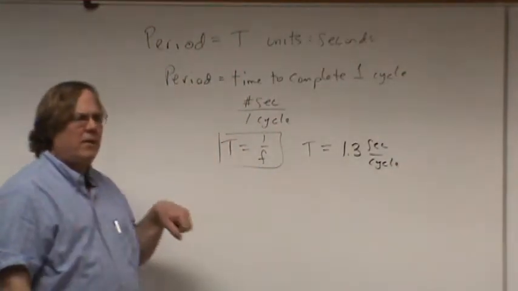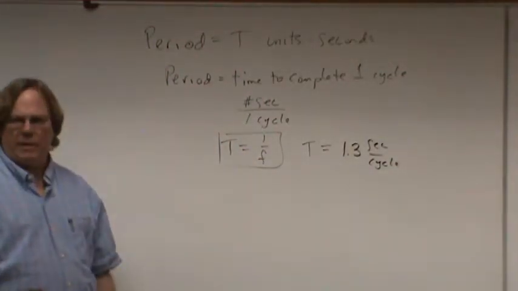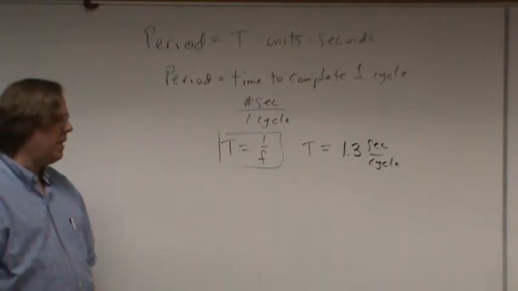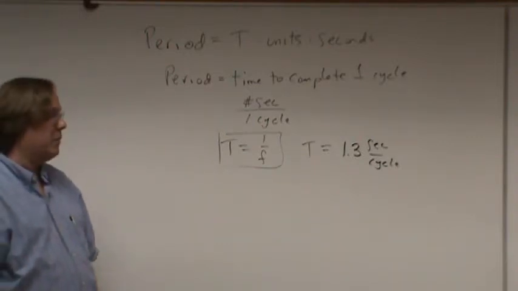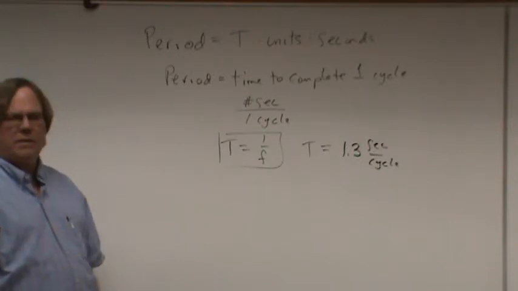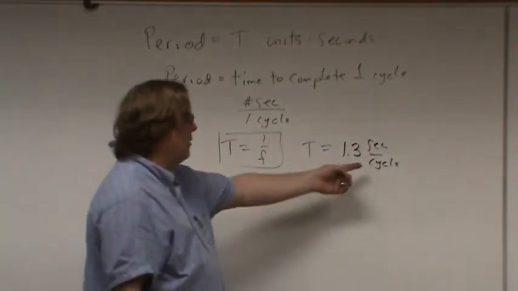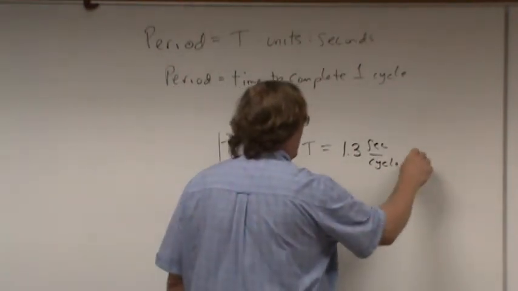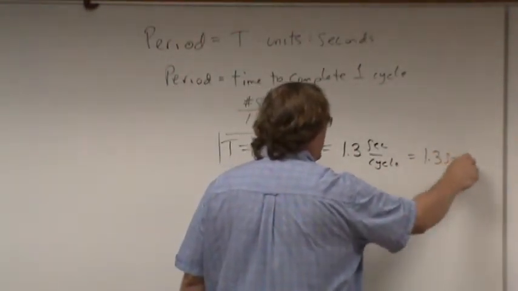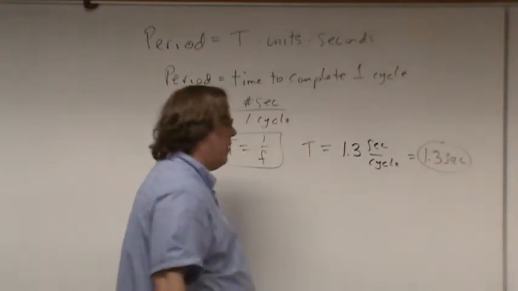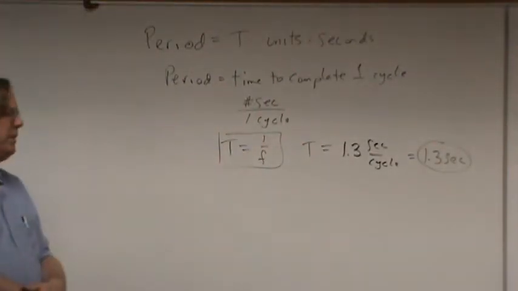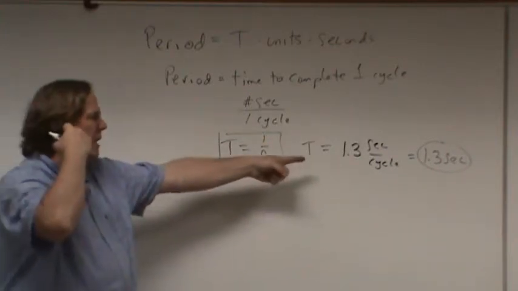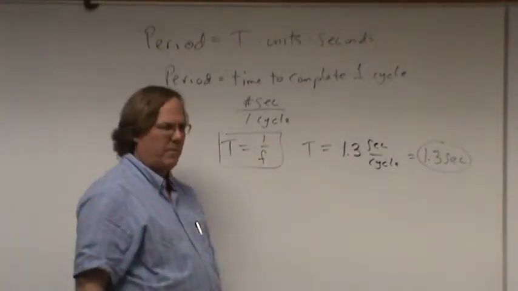It's weird, that's the units of period, seconds per cycle, except scientists don't say seconds per cycle. They'll say cycles per second for frequency, but not seconds per cycle. Because cycles is a unitless quantity like radians, they just say 1.3 seconds. It's understood that it's 1.3 seconds per cycle, so we'll just say the period is 1.3 seconds.